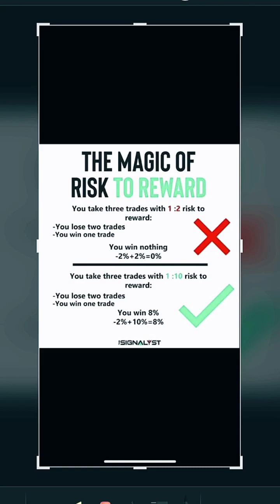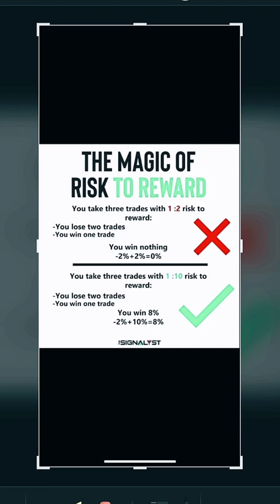So how about that? I lose 2 trades, I win 1 trade. So you win nothing. The other scenario is you take 3 trades with the I'm gonna risk 1 to make 10 mentality. You lose 2 trades, you win 1 trade, you walk away with 8%.